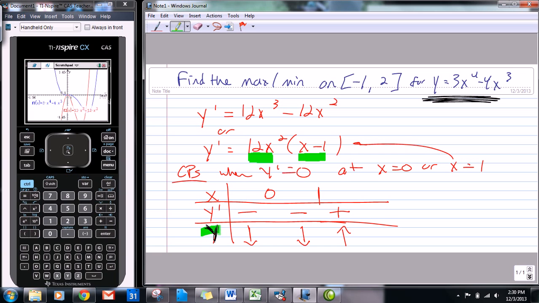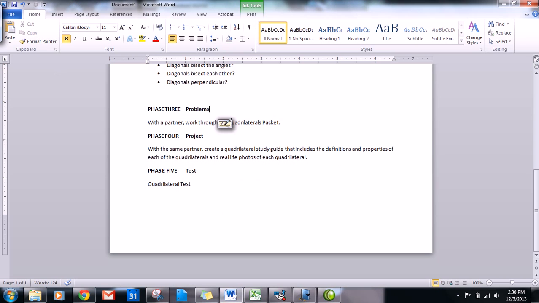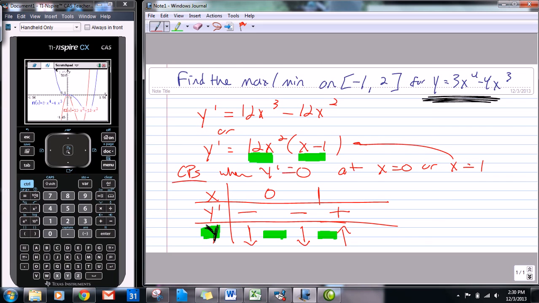What's happening on our function at these two critical points, at 0 for x and at 1 for x? Well, at 0, that's where the function, the blue function, that's what we're analyzing, decreases, stops momentarily at 0, and then decreases some more. So that's neither a max nor a min.